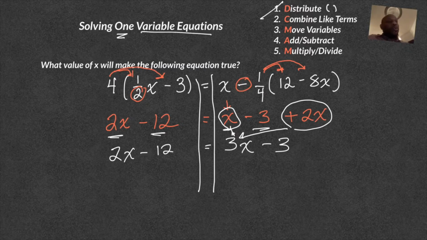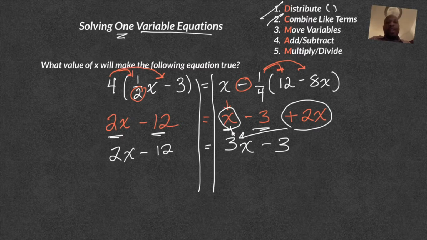Now we're on to step number 3. We're going to move variables onto one side or the other. We have to decide: is it going to be on the side with the 2x, or on the side with the 3x? Basically, it's going to be on the side of the highest x value.